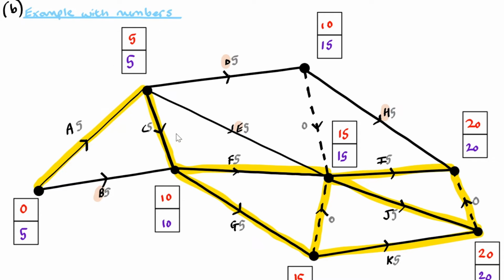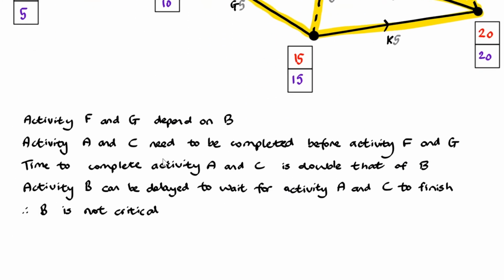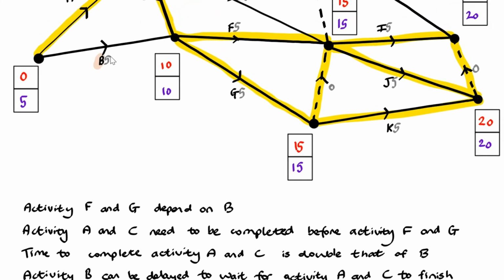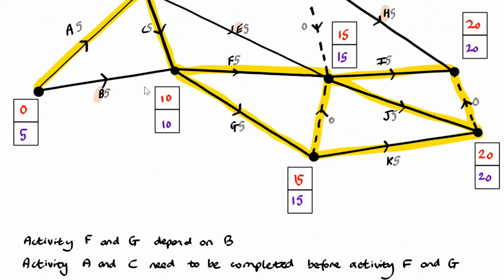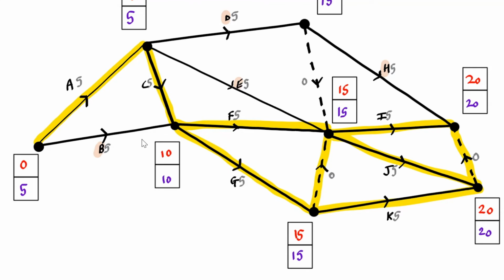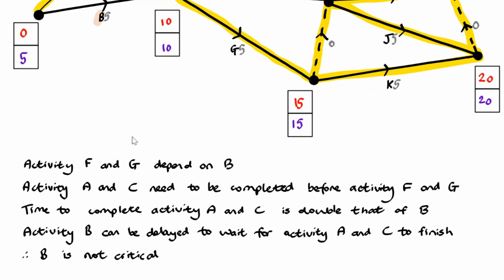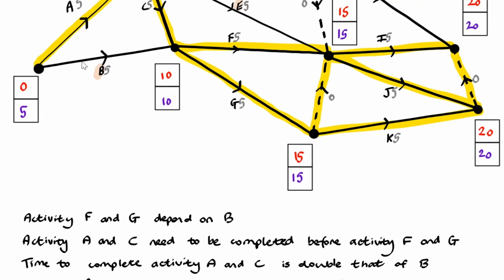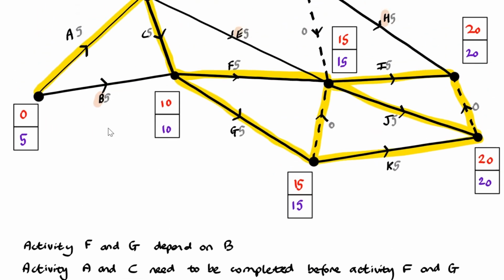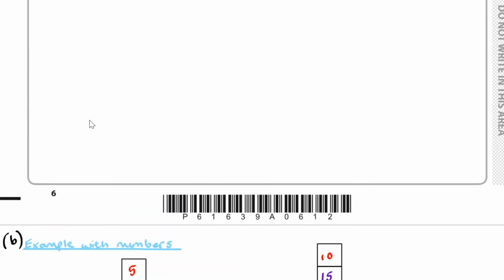Obviously we have 5 plus the other 5. So we can delay B by, like in our example, by 5 time units. So activity B can be delayed to wait for activity A and C to finish, and therefore, because of that, activity B is not critical.